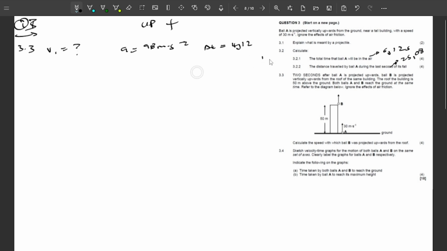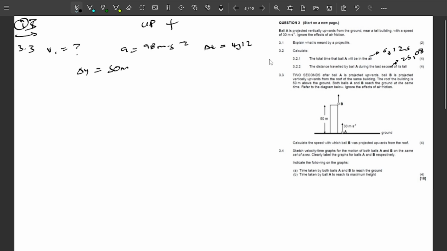So that's all that you had to do. Now from there on, what else do I have? I have the total displacement, or the height of the building, which is changing y, which is 50 meters, right? So from there on, you're good. We can now find the v initial, right?